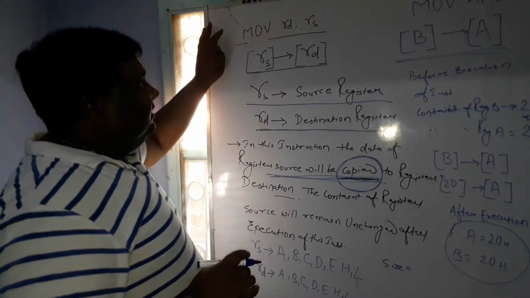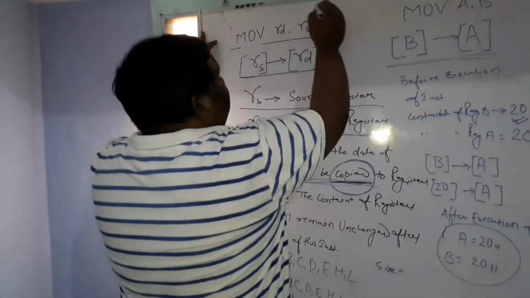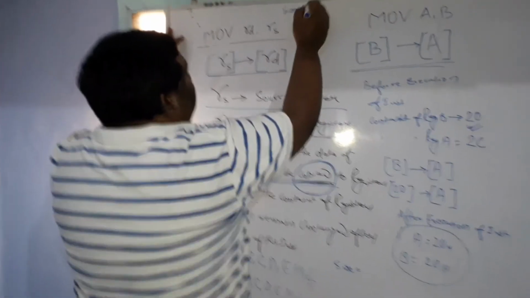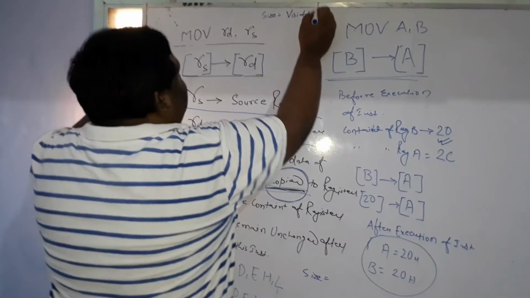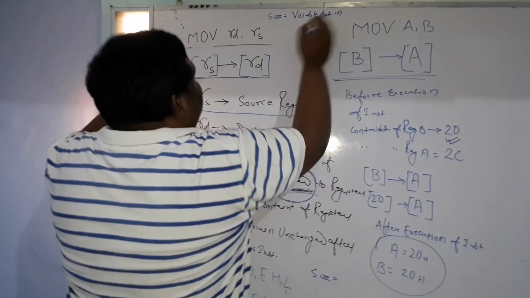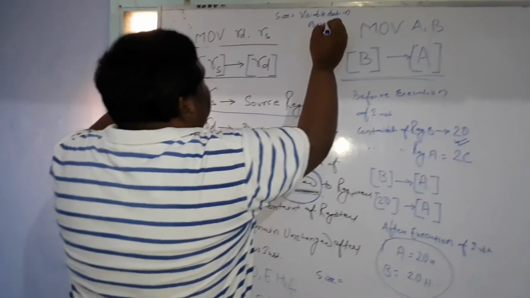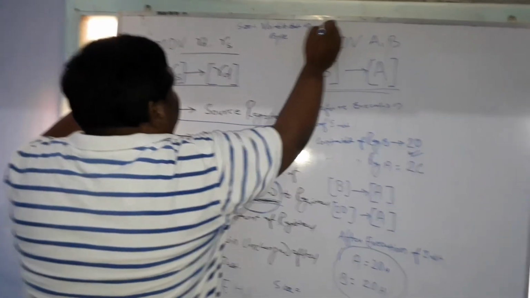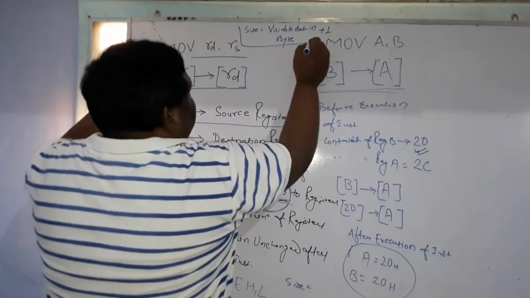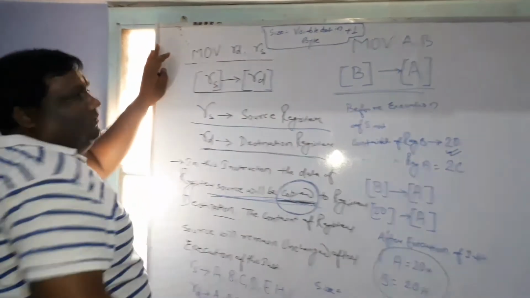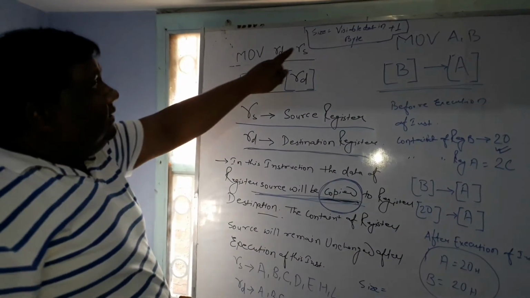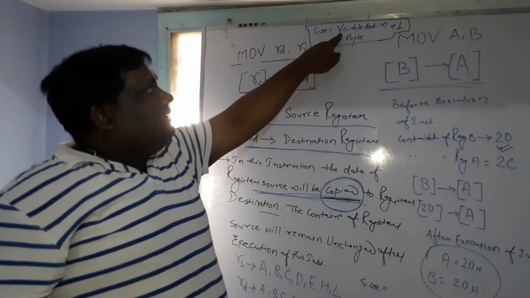Here I am giving you a formula: size equals visible data in bytes plus 1. This formula you will not find in any book. Just concentrate, I am talking about the visible data.